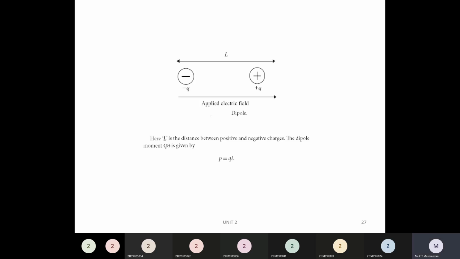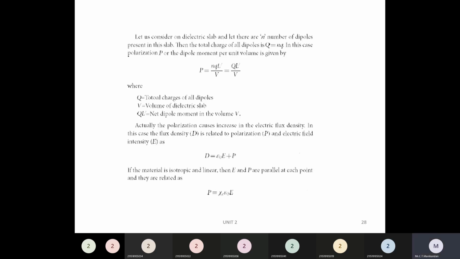The polarization can be represented as the dipole moment into L dash, that is, the net dipole moment per volume. We can also relate the flux density with the polarization. So D equal to epsilon naught E plus P. Normally D equal to epsilon E.